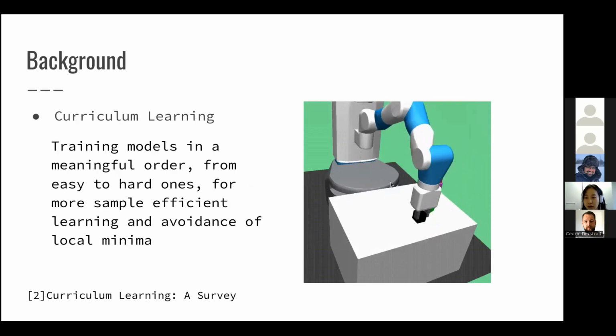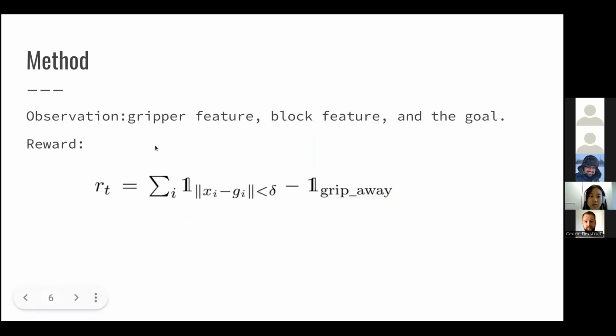And about this method, we can see here, this is the final performance of this paper, and it tried to stack some blocks. In the method, they use relational reinforcement learning. The observations are the gripper feature, block feature, and also the goal. The reward is a sparse reward, so it only gets some reward after they complete some important step.